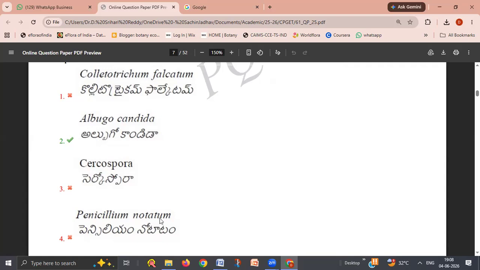And Penicillium notatum is not a pathogen. It is a fungus, but it is not a pathogen. It is a beneficial organism. It is useful for the production of penicillin, which was discovered by Alexander Fleming. He got the Nobel Prize. So all this information is very useful to you.